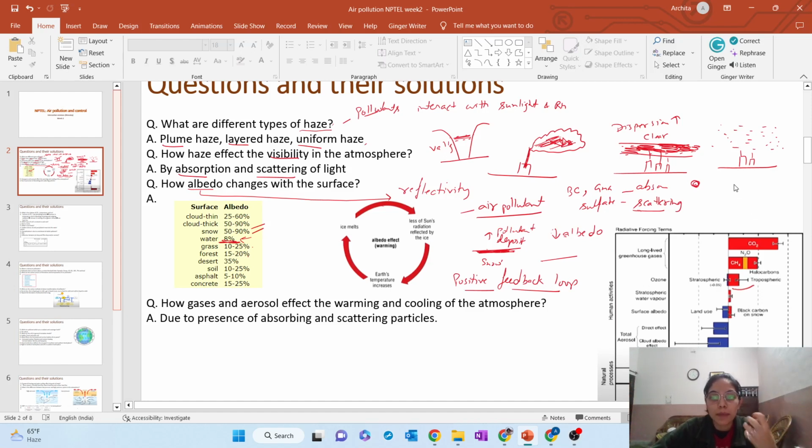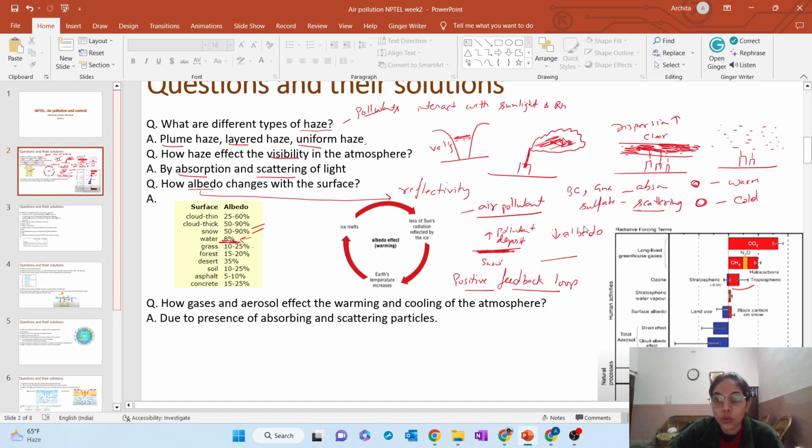So whatever absorbs the sunlight warms the atmosphere. And whatever reflects the sunlight, for example white clothes, the simplest example, whatever scatters the sunlight and reflects it back, leads to cooling.